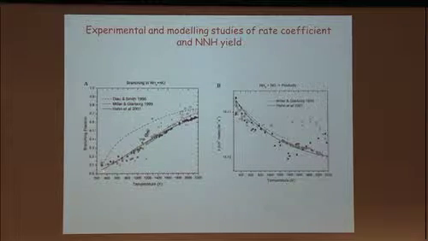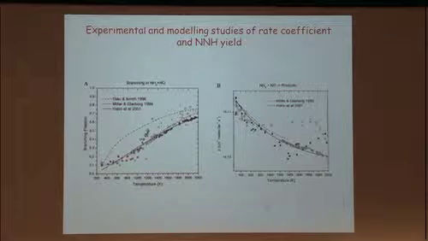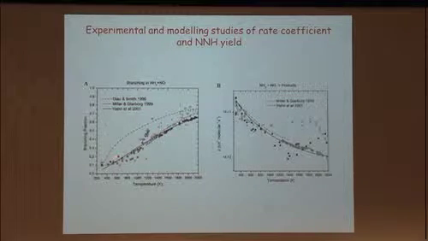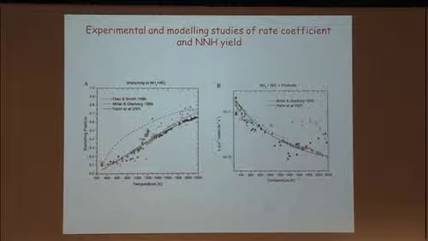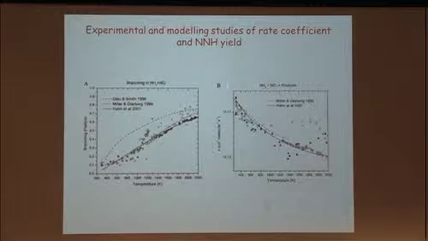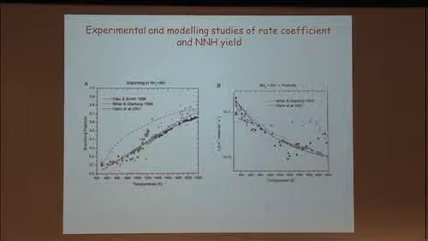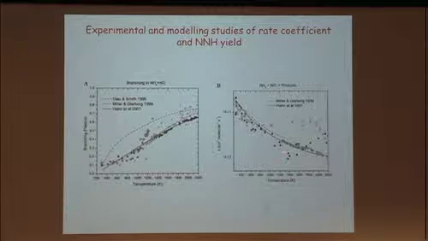And what it shows is this increasing yield of N2H as you go to higher and higher temperatures. And here's the overall rate coefficient, which decreases as the temperature goes up.